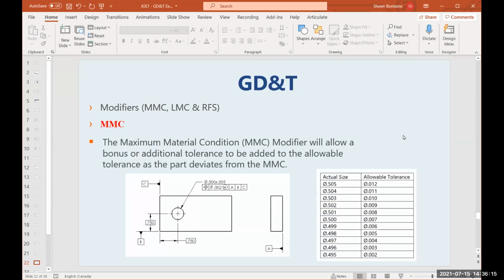What maximum material condition does for us is it adds a bonus or additional tolerance as the part deviates from maximum material condition.